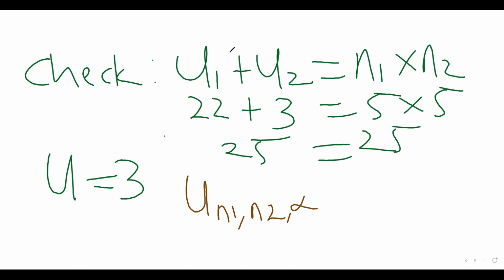But that means that you need to understand what is written here. If you are to equate this, it's simple. It means that you should find N1, N2, alpha. Now, what is N1? It's 5. What is N2? It's also 5. What is alpha? Who can tell me the value of alpha? Who can type it there?